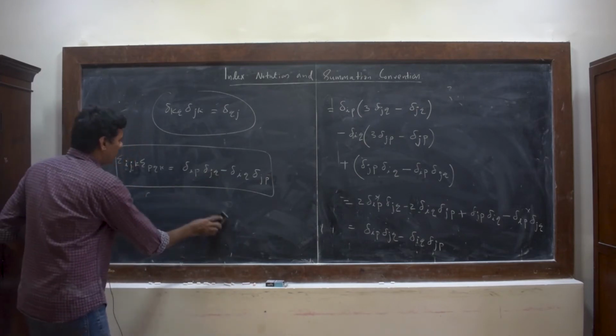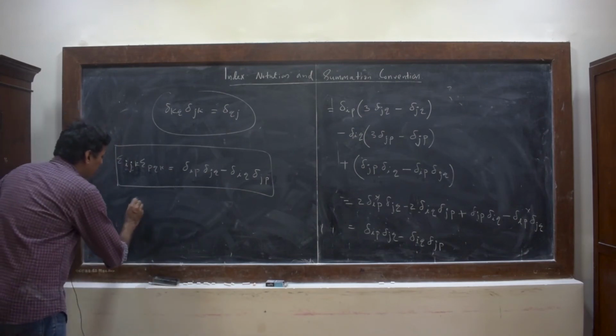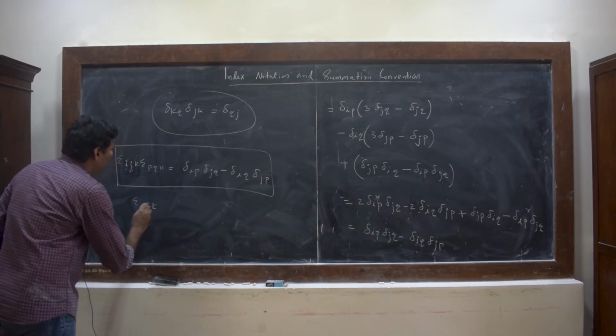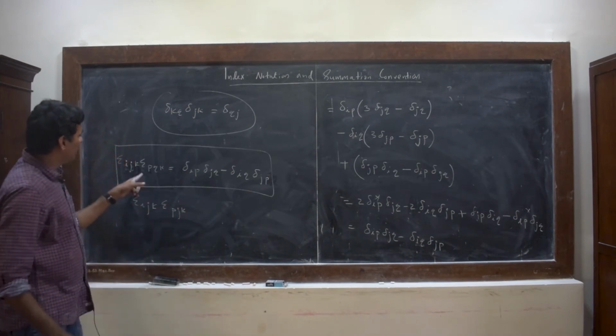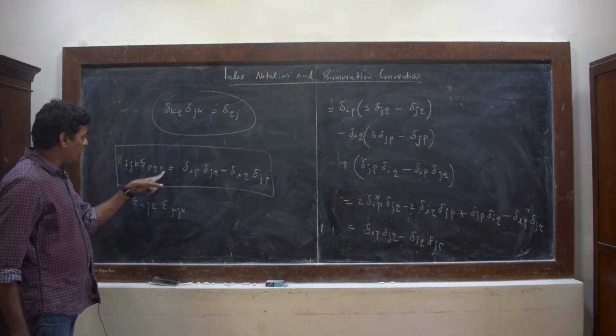And now let's ask the question, what is epsilon IJK epsilon PJK? Previously there was only one dummy index.